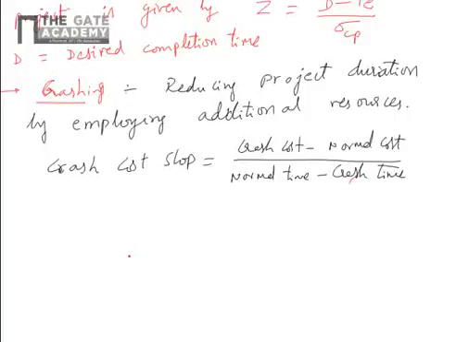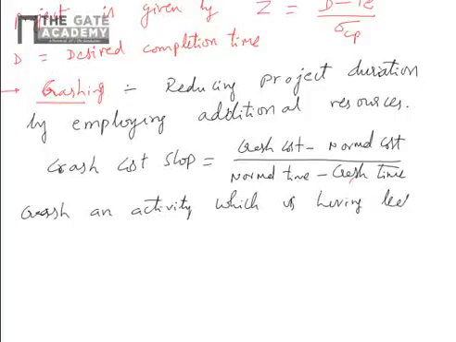We have to crash an activity which has the least crash cost slope and which is in the critical path.